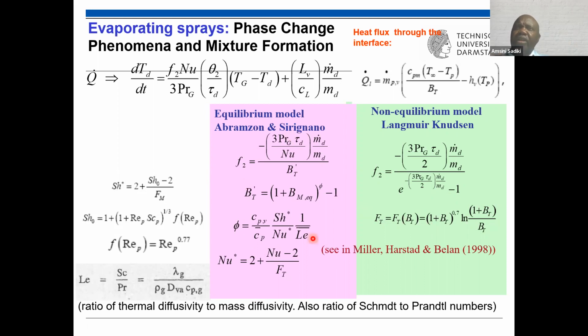This is very widely used in the literature. We also use this for some combustion processes where the droplets are very fine and we have high temperatures, so that a non-equilibrium situation occurs.